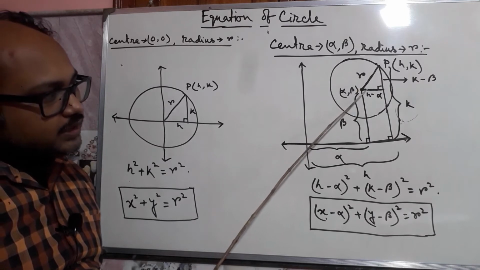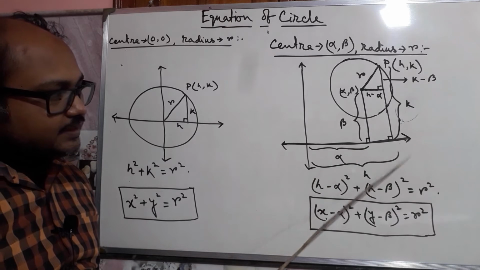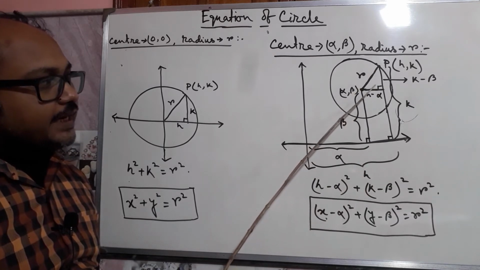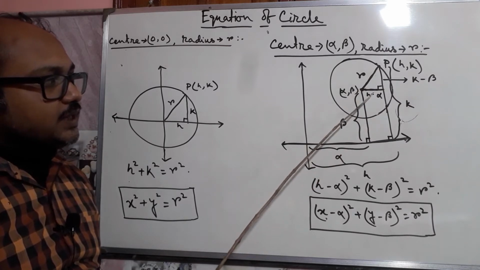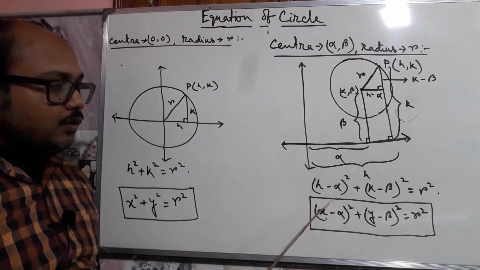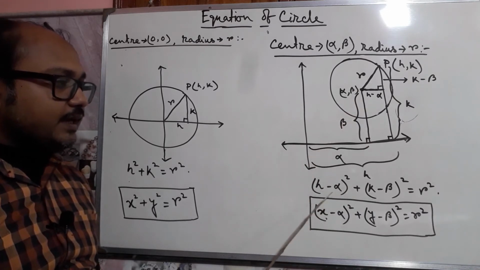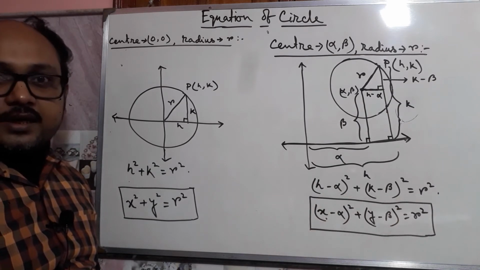So, this length will be h minus alpha, as this length is alpha and this is h. And the altitude of this right angle triangle is k minus beta, and this is the radius of the circle r. So, by Pythagoras theorem on this right angle triangle, we can say that (h minus alpha) whole square plus (k minus beta) whole square equals r square.